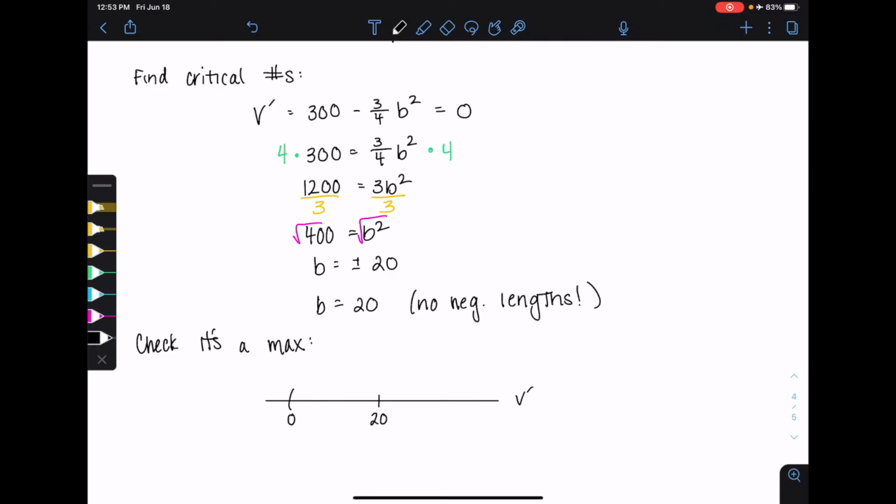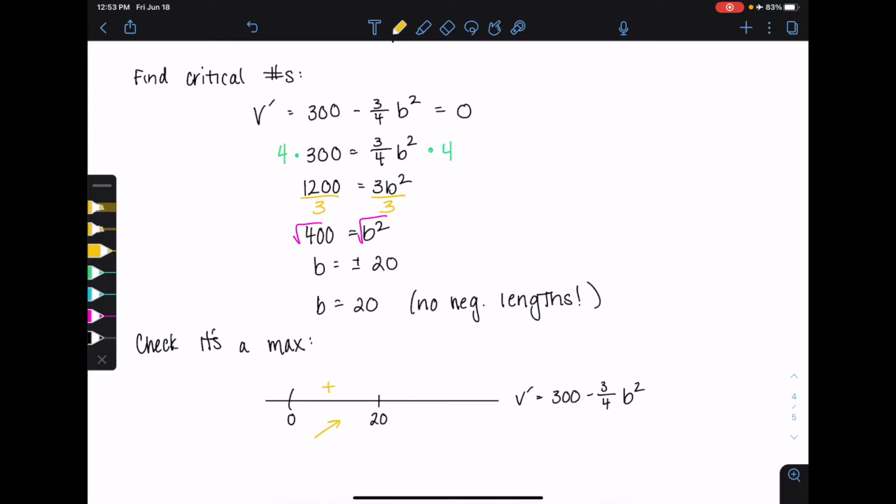And we want to go ahead and see what is V prime equal to, which is 300 minus 3/4 b squared. So if we plug in 1, that would be 300 minus 3/4 times 1. Definitely positive over here, which in turn means we're increasing up to 20.